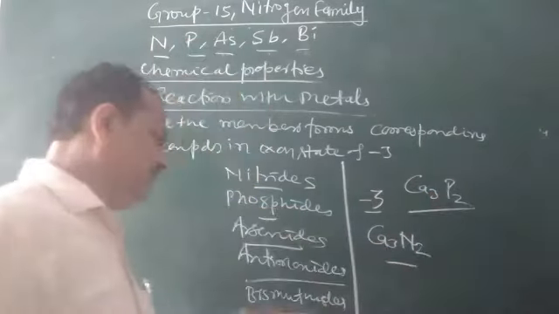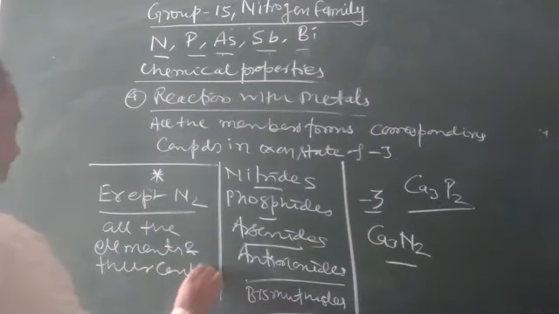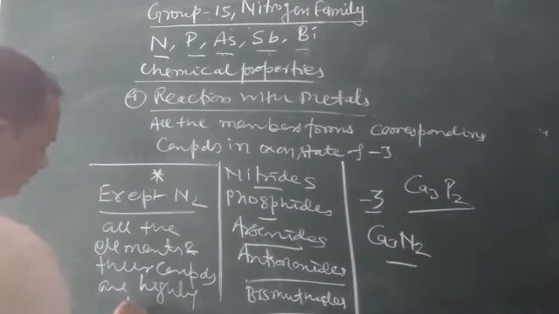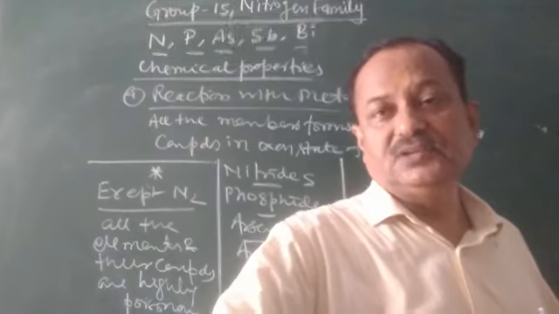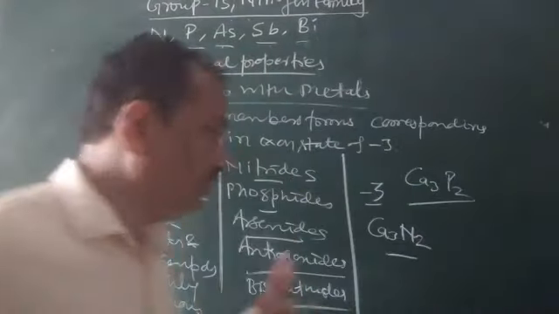You have to keep in mind these compounds overall. A very important point to note is that except N2, all the elements and their compounds are highly poisonous. So this is about the general points, the chemical properties of the group 15 members, and this is all about the group.